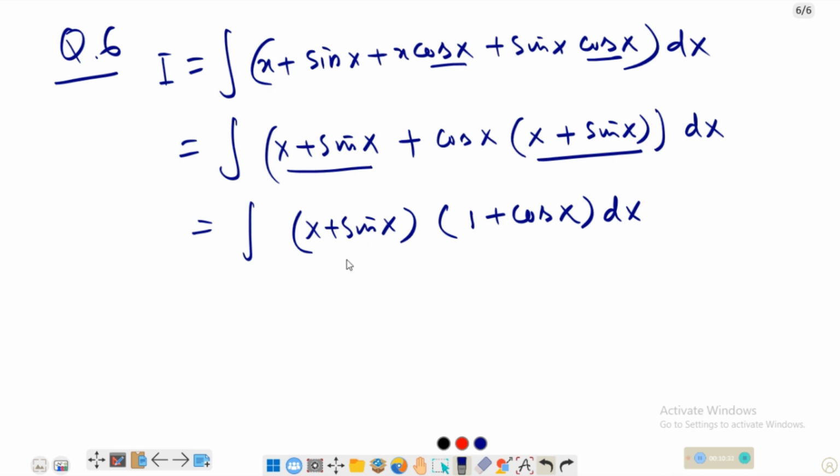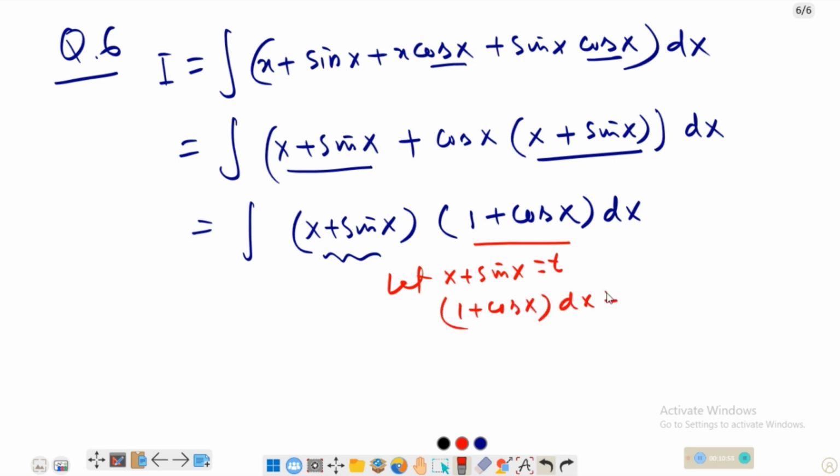If this quantity I assume is equal to t, because their derivative is given here, so let x plus sin x be equal to t, so 1 plus cos x dx is equal to dt.